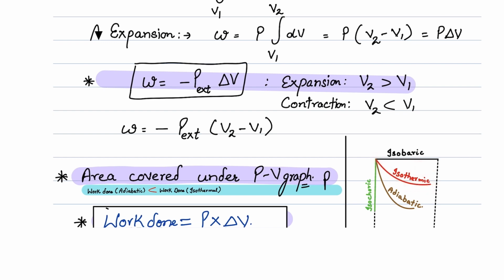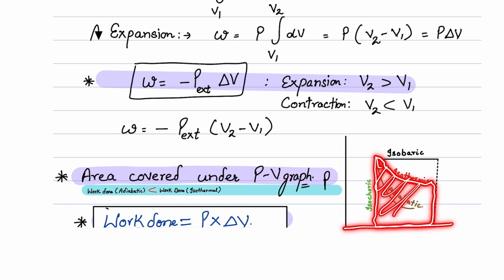So if we consider the area covered under this pressure volume graph, that is P multiplied by V, this is nothing but work done. So the area covered under this pressure volume curve will give us the value of work done. So let us consider the area covered under isothermal curve.